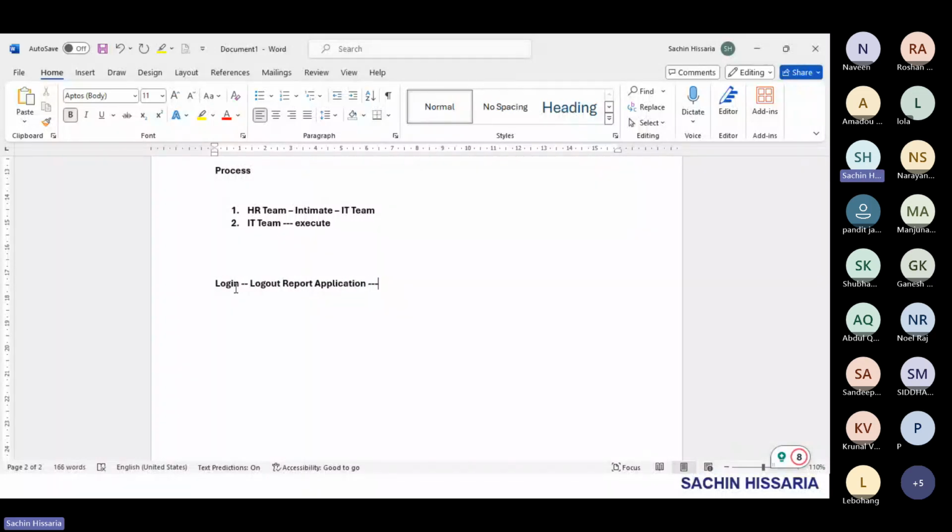And second, we asked for the HR data. In the HR data, we specifically asked for the attendance record, whether that employee was present or absent. Whatever application was in our scope, that application was accessible only from the office.